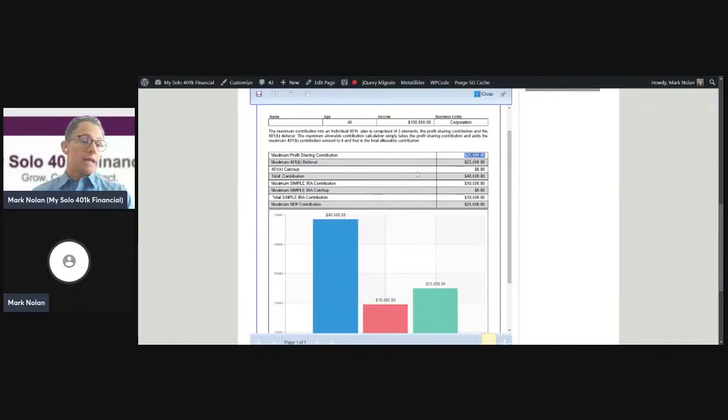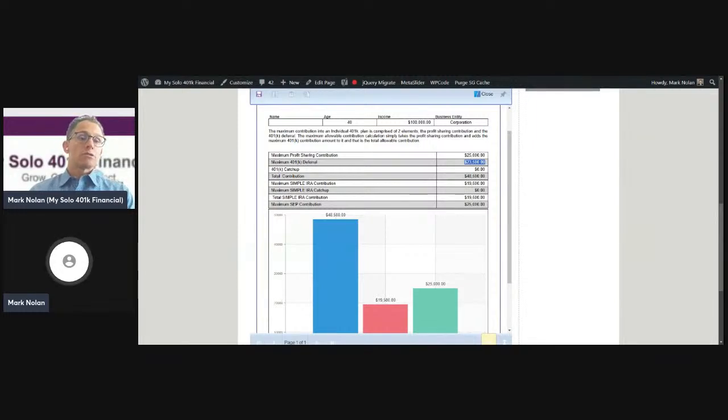Now you can also make an employee Roth Solo 401k contribution. That's going to be $23,500. So when you add these two amounts together, the $25,000 employer Roth contribution plus the $23,500 employee Roth Solo 401k contribution, that comes up to what? $48,500.